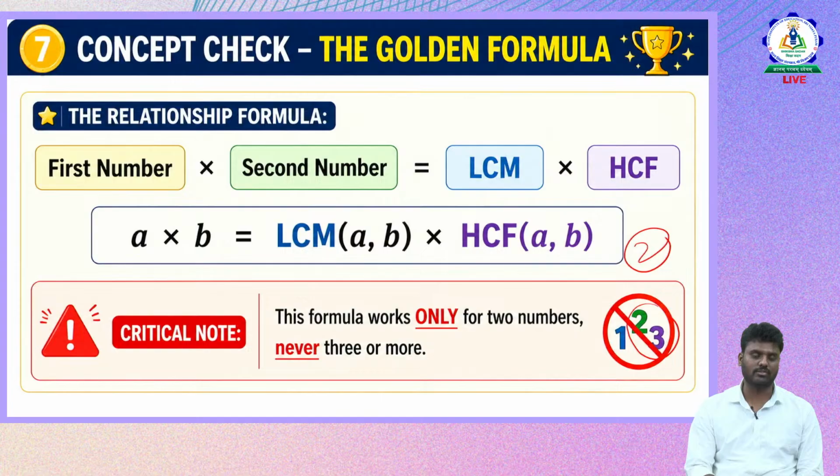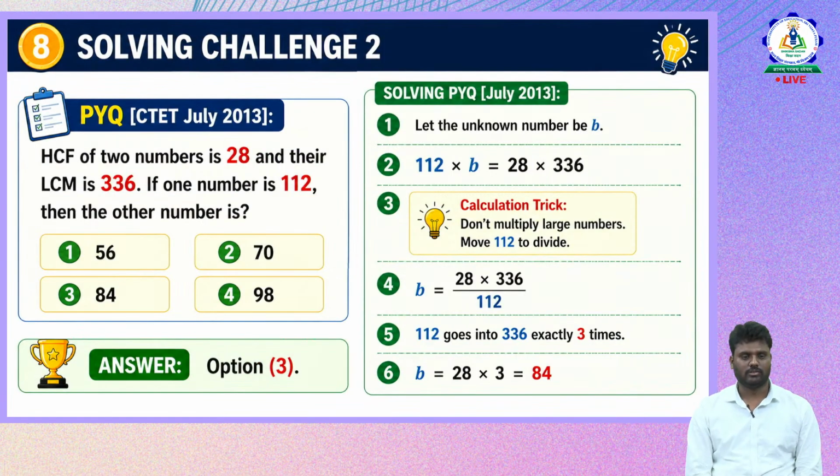So we are using the relationship of HCF and LCM when they give the LCM, the HCF, and one number, and we need to identify the other number. Let us solve this problem. The HCF of two numbers is 28 and their LCM is 336.